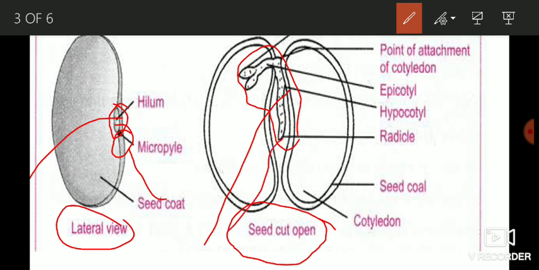This one is the radicle, which forms the future root, and this one is the plumule, which forms the future shoot. Besides this, you have two cotyledons attached to the embryonal axis, and these two cotyledons store food in exalbuminous seeds, and do not store food in albuminous seeds. That we will come to know in a later slide.